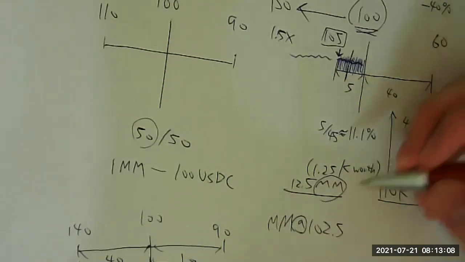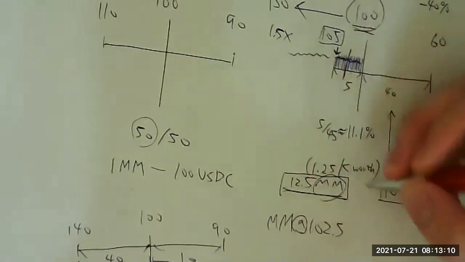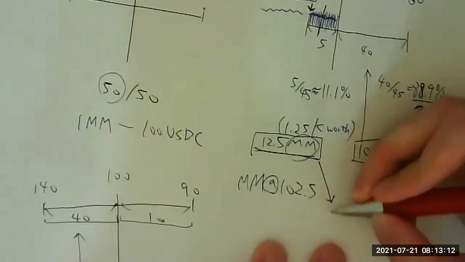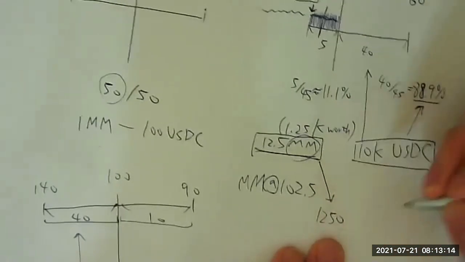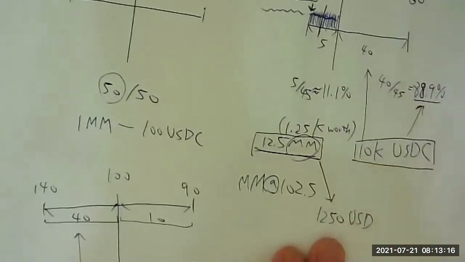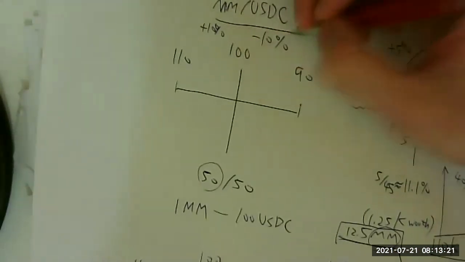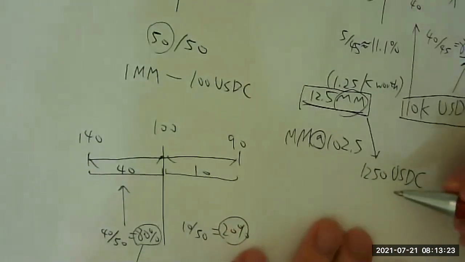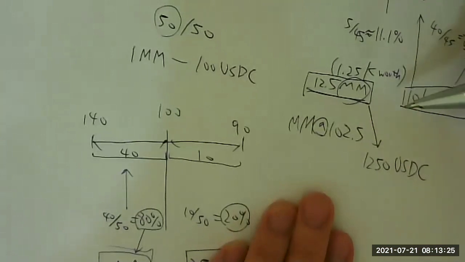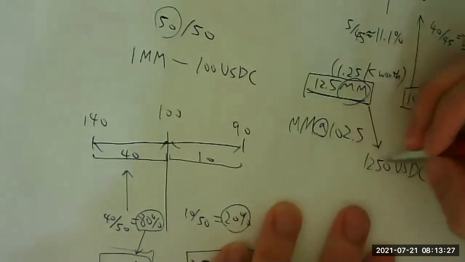So all this 12.5 MM will be converted to 1250 USDC, sorry, because that's the pair you set up. So you don't really lose anything. Oh, oops. What am I saying?